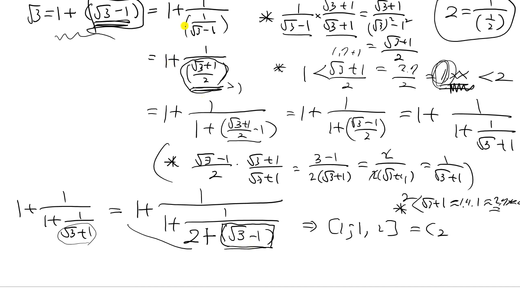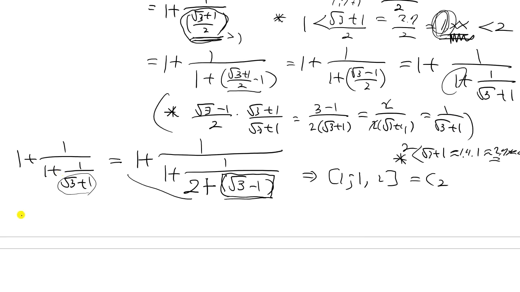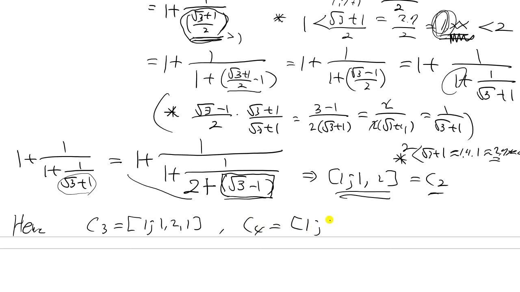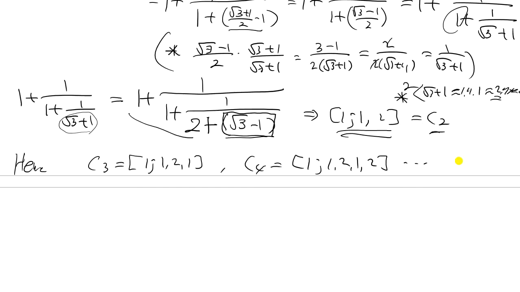And after that, it's going to repeat like 1 and 2, 1 and 2, 1 and 2, right? So finally, looking at this sequence, the next one, C3, must be 1 semicolon 1, 2, 1, right? And C4 is 1 semicolon 1, 2, 1, 2, right? And keep doing it.